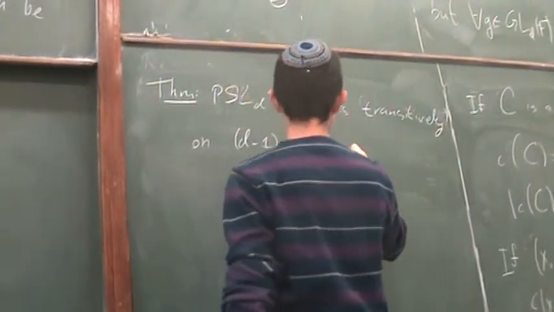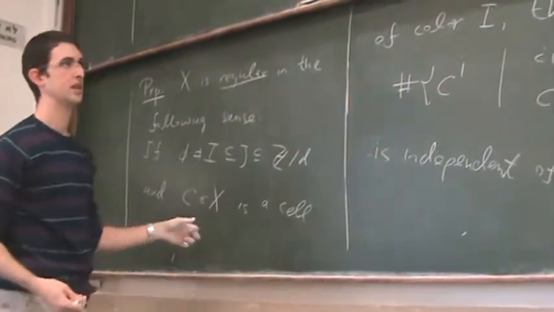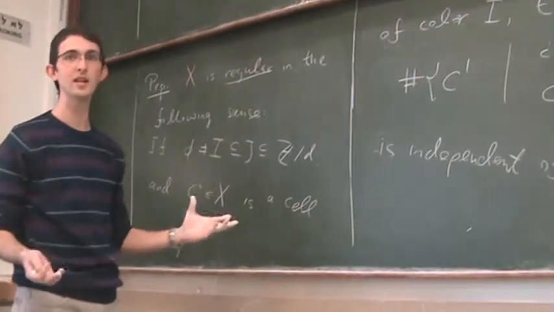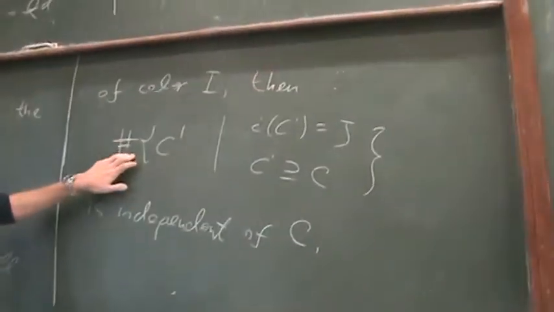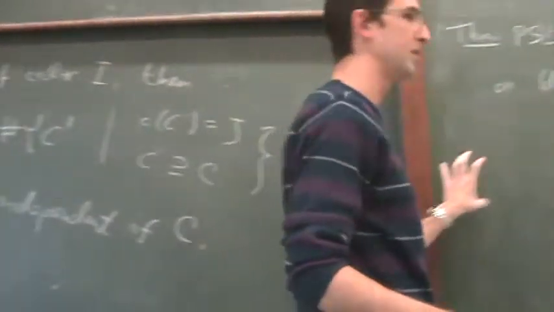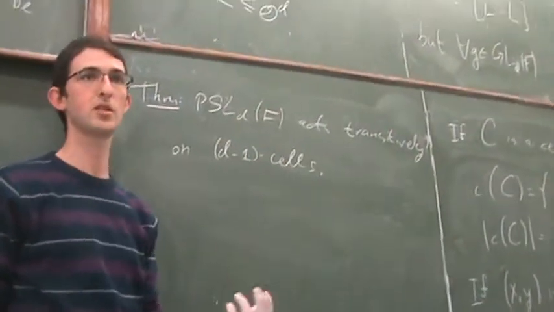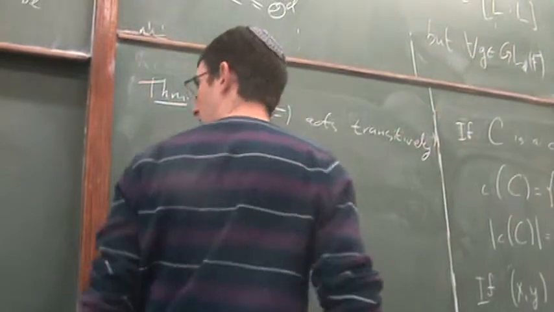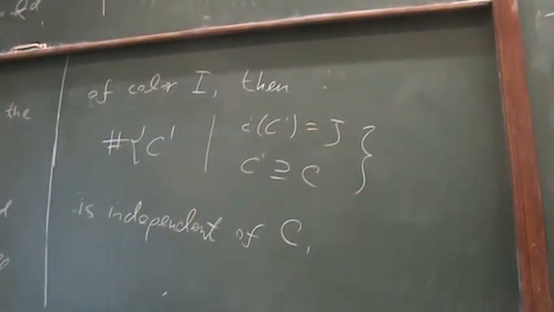And this is essentially the proof. What you do is you embed C inside a (d-1)-dimensional cell. Let's say you have another cell D, and you want to prove that these two numbers are the same. This means you could roughly move one to the other via the action of PSL_d, which preserves colors, and therefore these two numbers for C and D are going to be the same. Anyway, this is the claim that we need to prove.